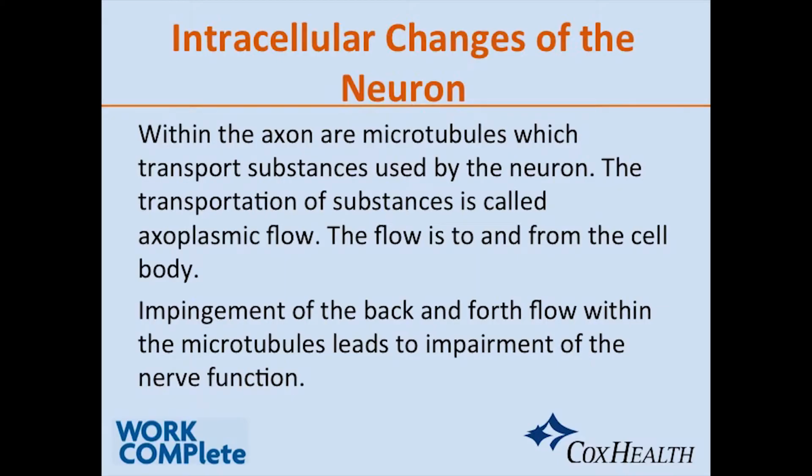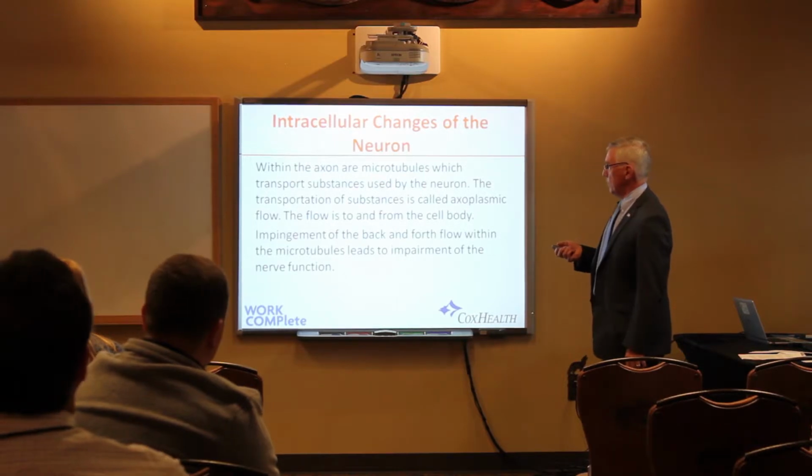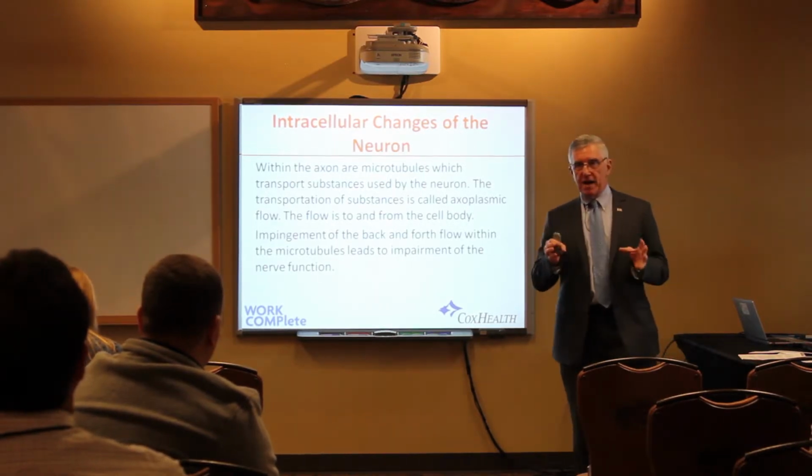Okay. Now, what we've talked about so far are changes to the nerve that are outside the individual nerve itself. But research is going on now which clearly shows that there are also changes within each of the neurons, and specifically the axons. Within the axon itself, intracellularly, there are what are called microtubules. These microtubules transport substances that are used by the neuron.